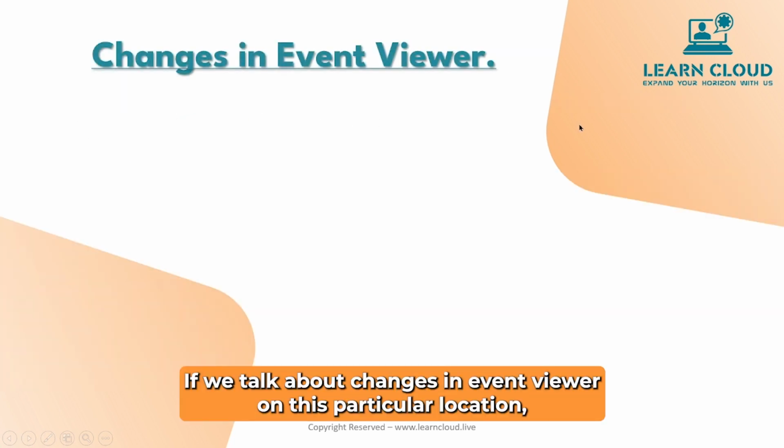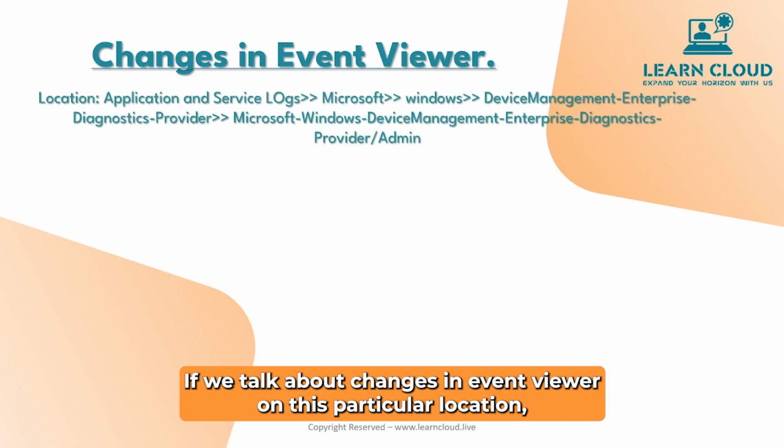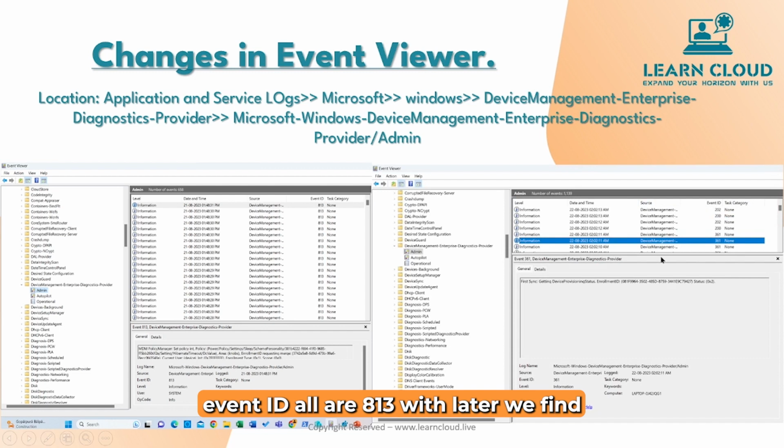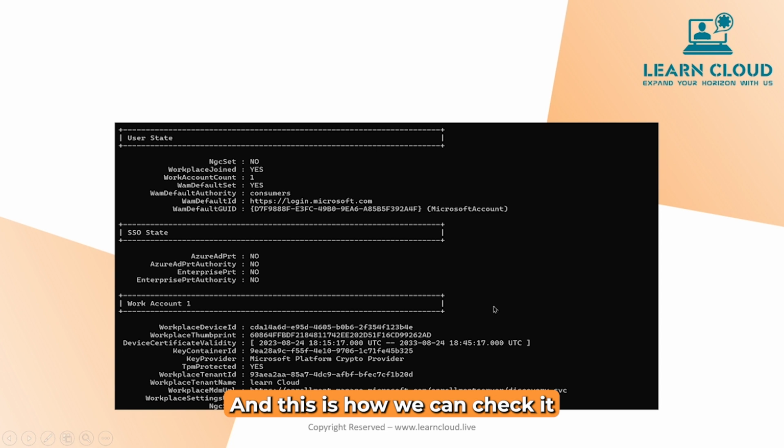If we talk about changes in Event Viewer on this particular location, this is what it was showing earlier, and if you can see, there is no 361 event ID, all are 813, but later we find the 361 event ID over here with the enrollment ID on it, and this is how we can check it.